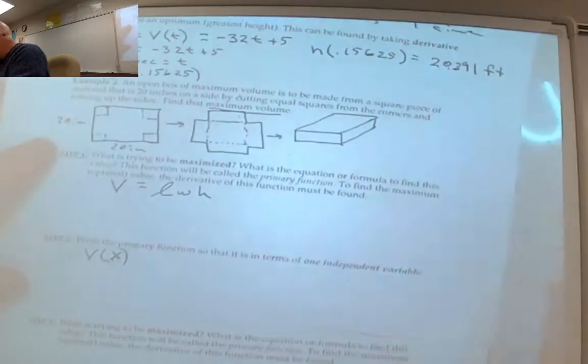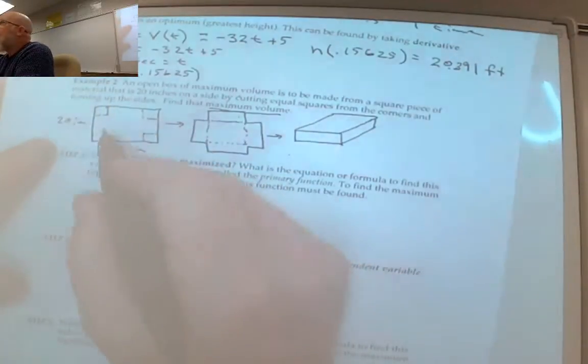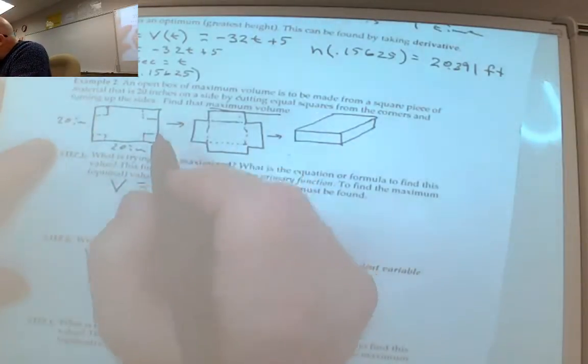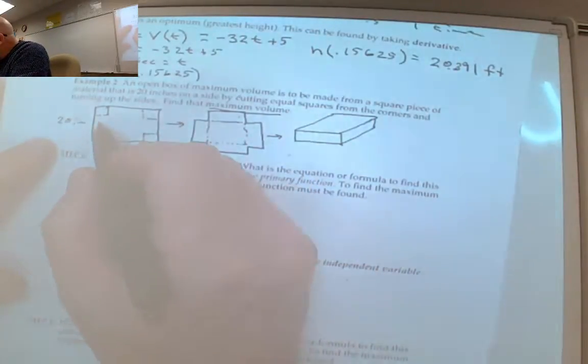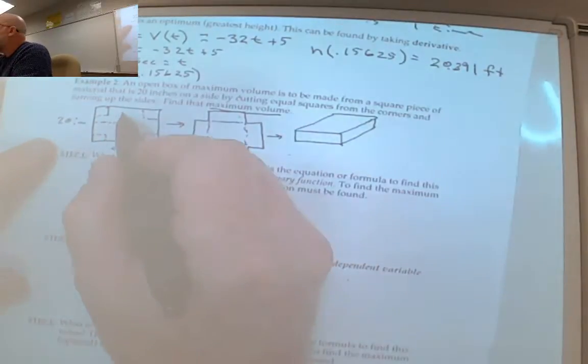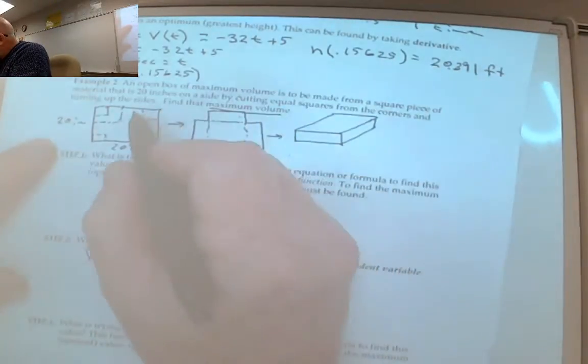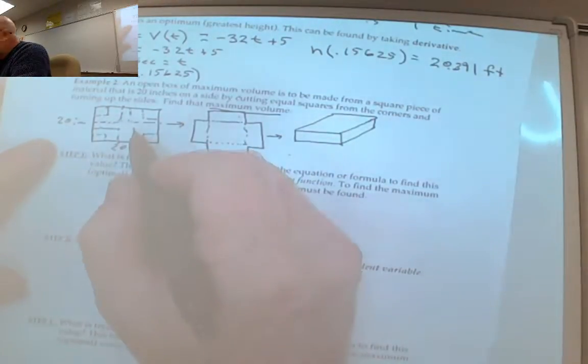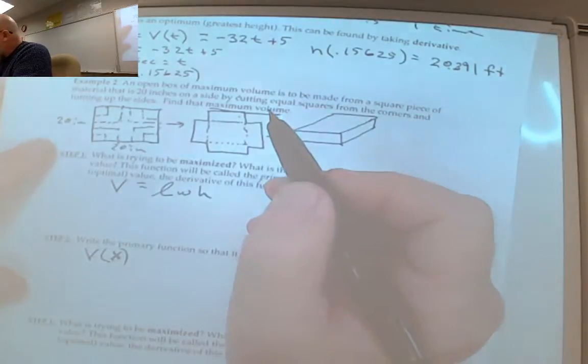So I looked at this. The volume of this is dependent on the size of the squares that I cut out, correct? I mean, I could cut them out this big. Now, it probably wouldn't be a good idea, right? But it's kind of dependent on how much I'm going to cut out.